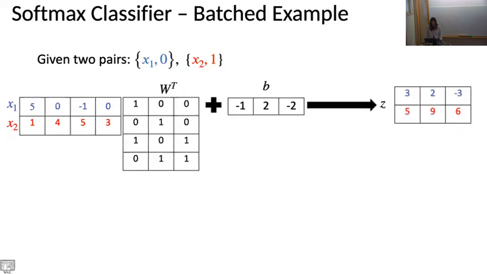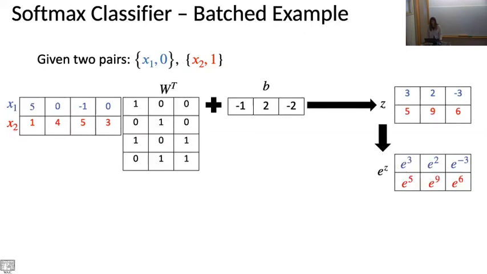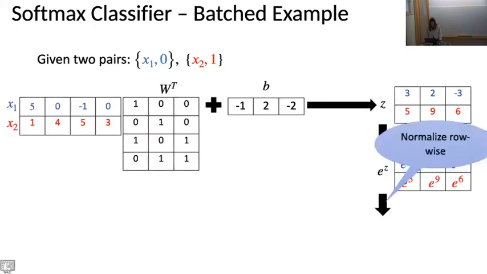So the result, as I said, is a matrix of size 2 by C, the scores of each one of them. Then we apply the exponent to each one of the entries. And again, we normalize across the row, because we don't want to mix between the different examples, right?